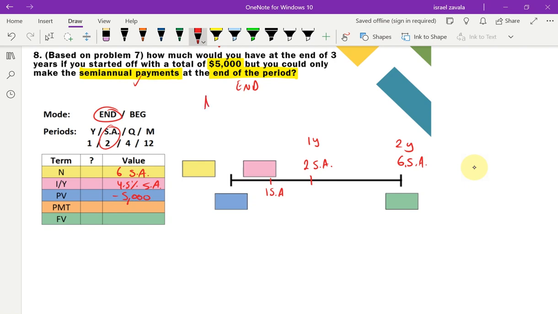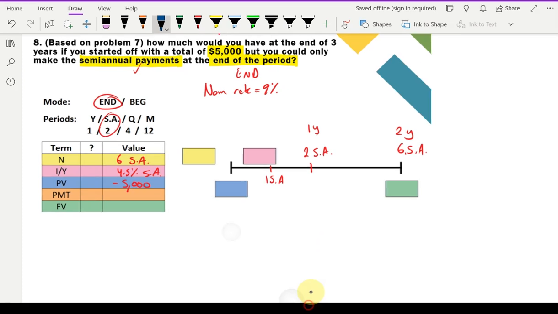Notice the nominal rate was equal to 9%, right? That means that for the whole year, it's 9%, but for each of these 6-month periods, it's going to be 4.5%, 4.5%. And when you add those 2 for the first year, that's going to get us back to our 9%. I just wanted to point that out, okay?